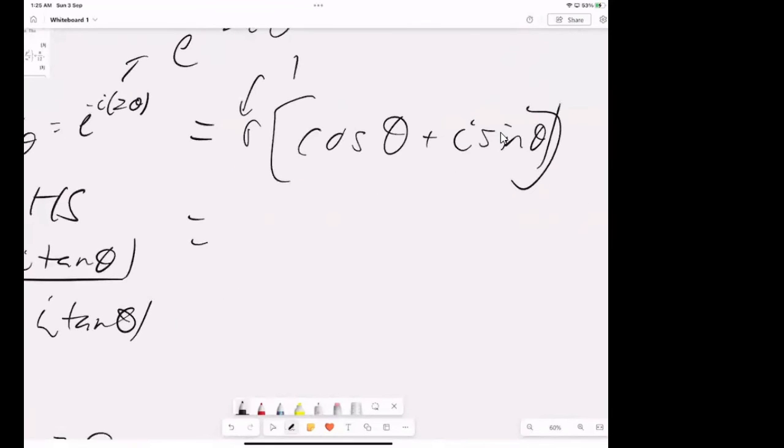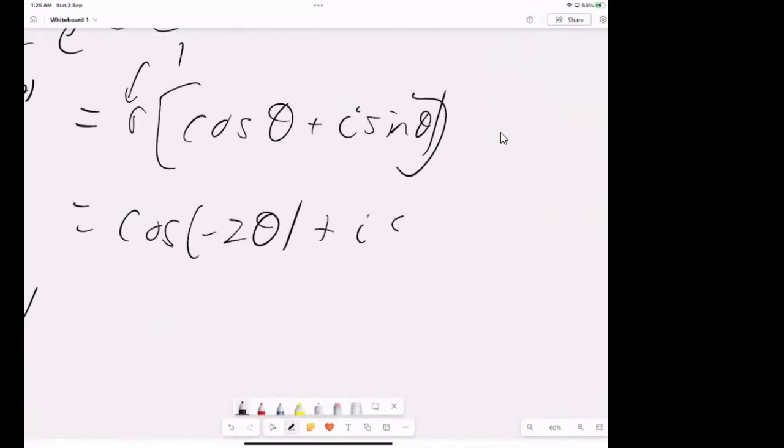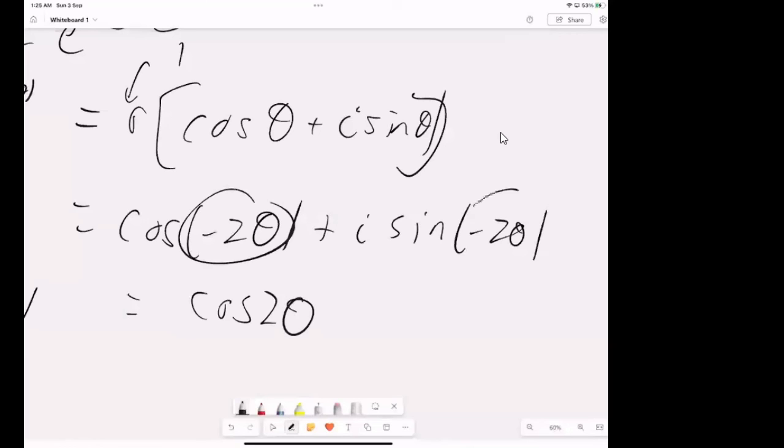So it's actually just cosine minus 2 theta, because the argument here is minus 2 theta, plus i sine minus 2 theta. Because cosine minus 2 theta is just equal to cosine 2 theta, this equals minus i sine 2 theta.